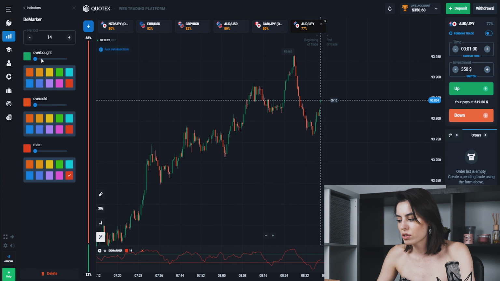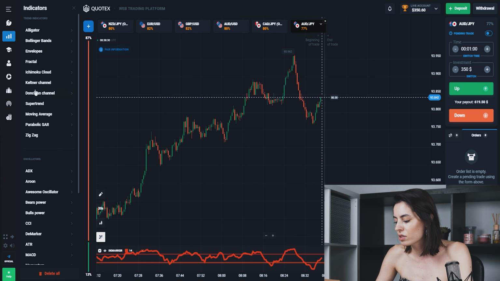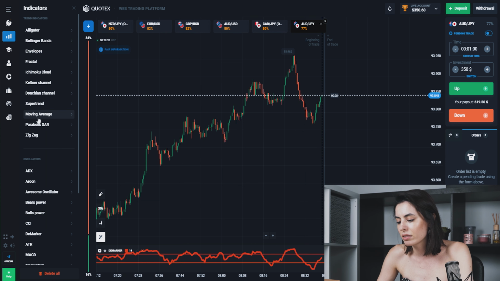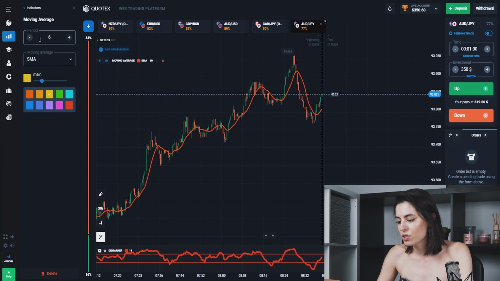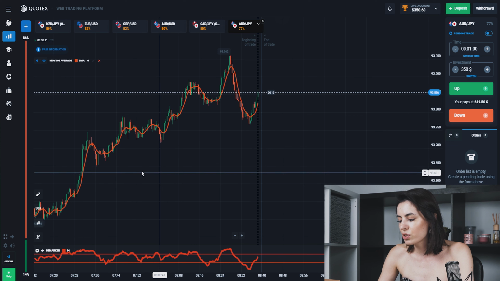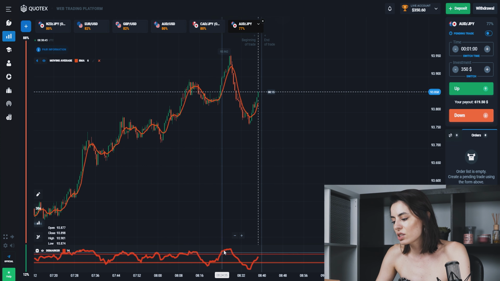And the first indicator today is going to be the D Marker. I'm not sure if I used that before, but it's actually quite simple. There are a lot of indicators that look alike and work alike, and we are just making some combinations. Here with the moving average, it's going to be the simplest, nicest strategy.